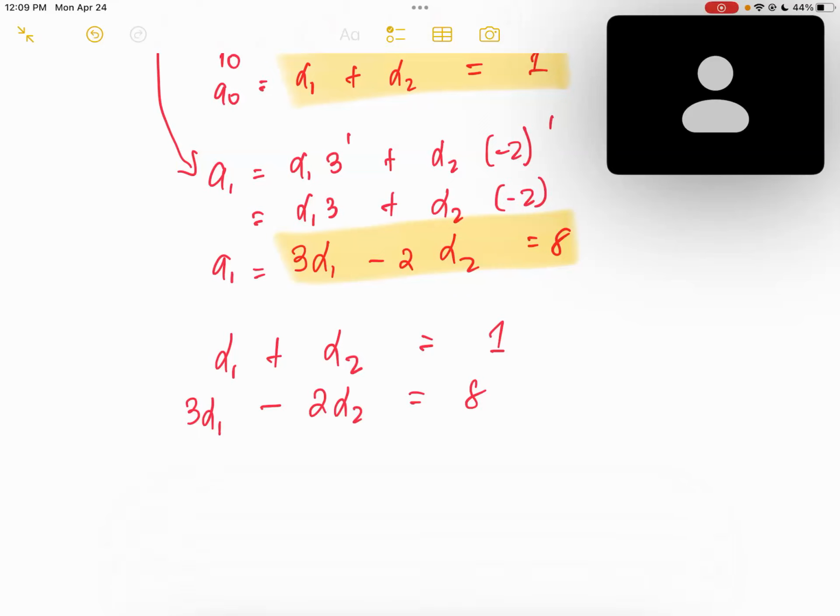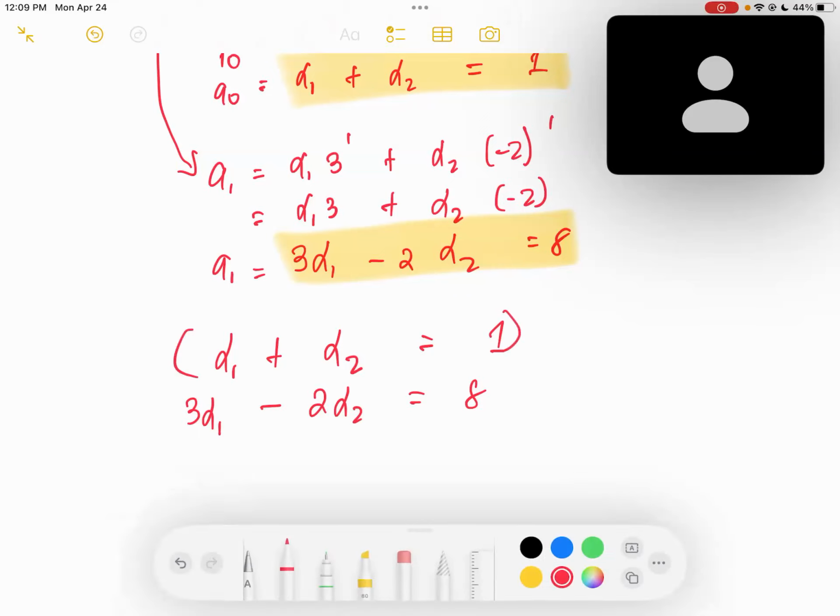To make it easier, we can multiply this whole equation by 2. So we will have 2 alpha 1 plus 2 alpha 2 equals 2, and 3 alpha 1 minus 2 alpha 2 equals 8.